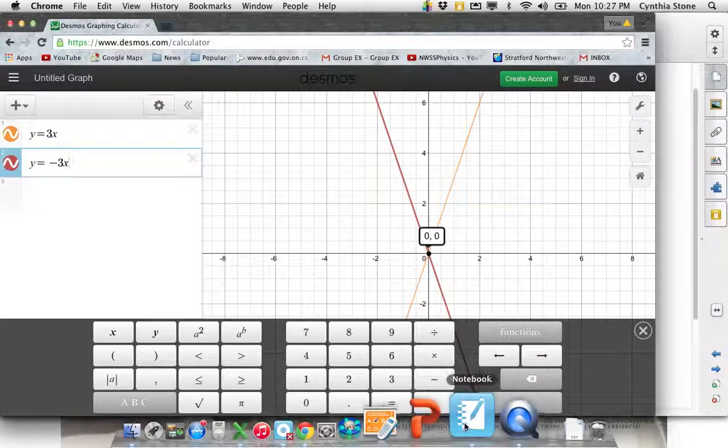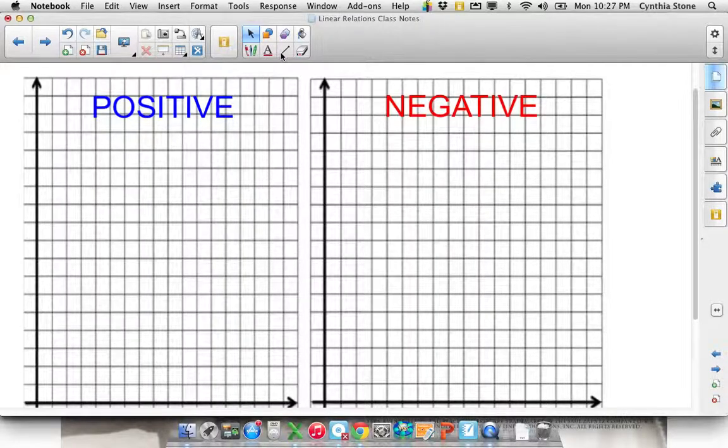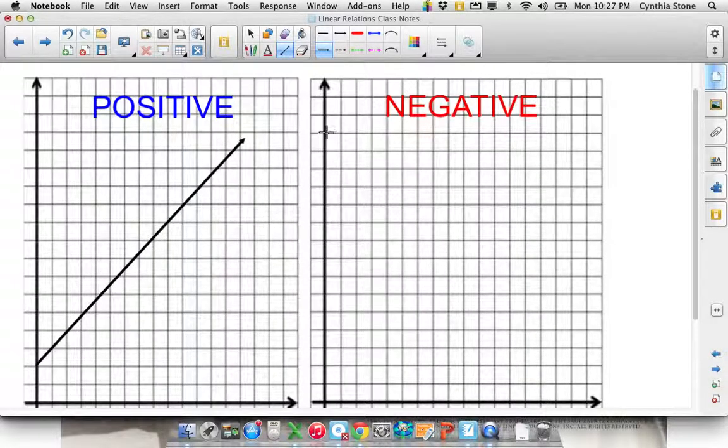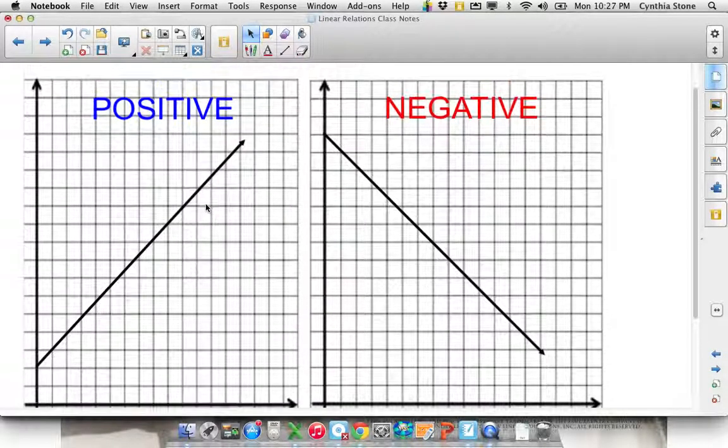So let's just go back and do that. So a positive slope will look something like that, okay? And a negative slope will look something like that. So that's the difference between a positive and a negative slope. Very common to forget that.